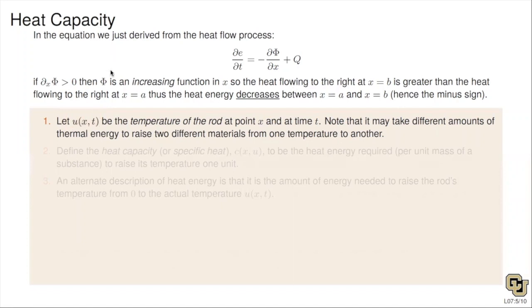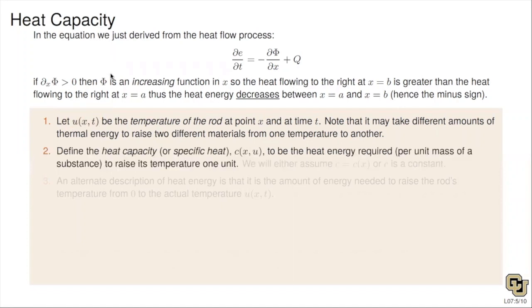So we introduce this notion called heat capacity. It's reasonable to realize that the material of the rod is going to affect the amount of energy required to heat it up, right? You all know better than I do, stainless steel versus copper, for instance.